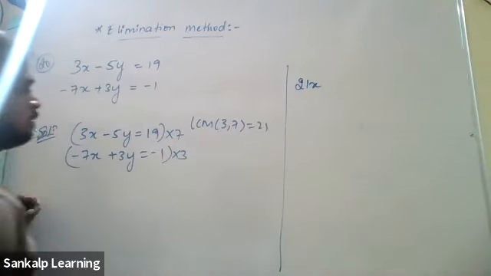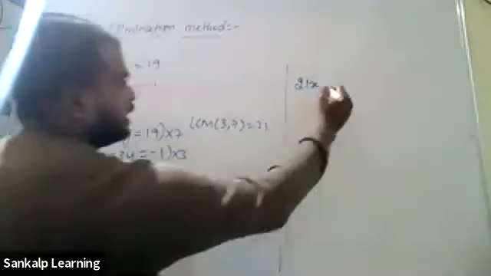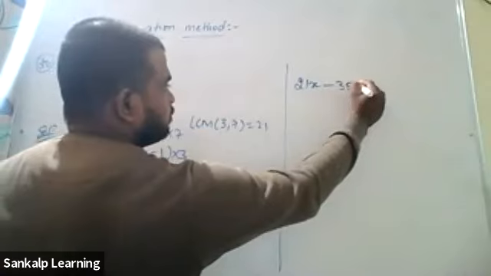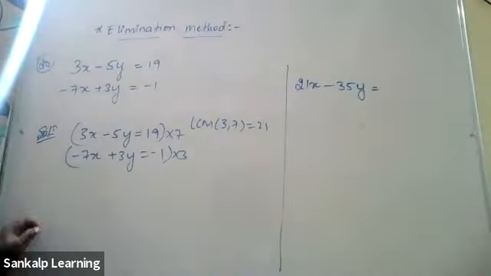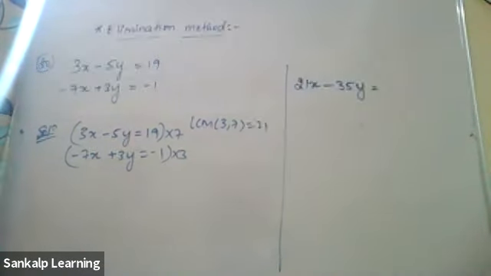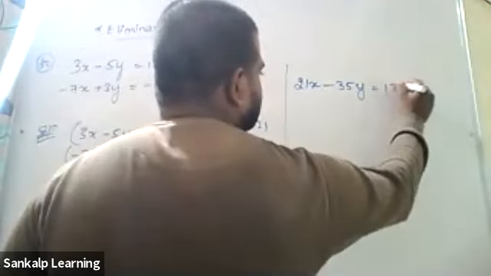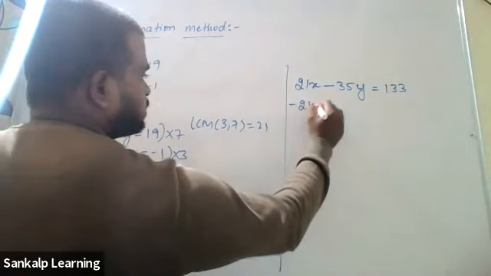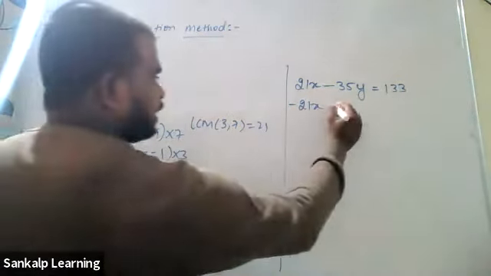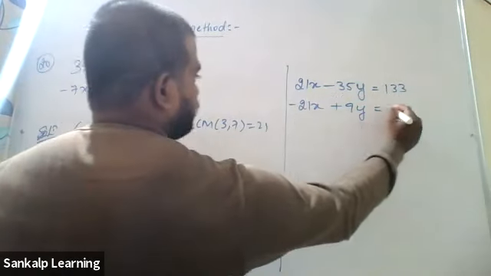Sir, 3 into 7 is 21, 21x plus 35y minus 35y is equal to 63. Check it out, 133, sir. 3 into 7 is 21x. 3 into 3 is 9. 3 into minus 1 is minus 3.